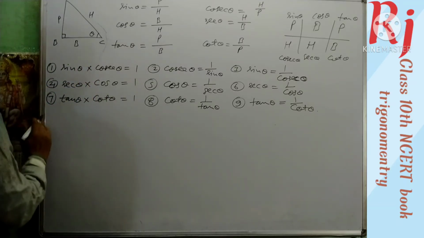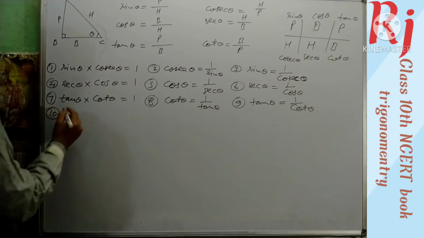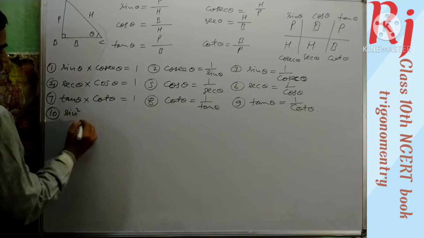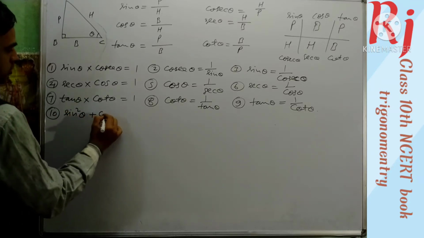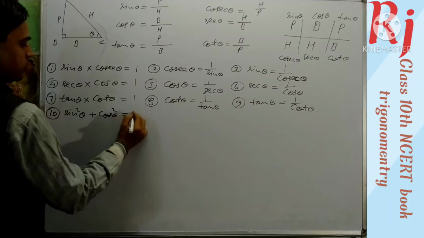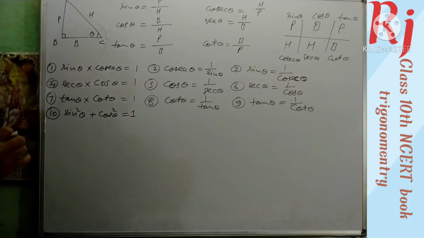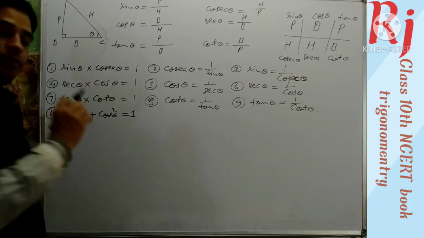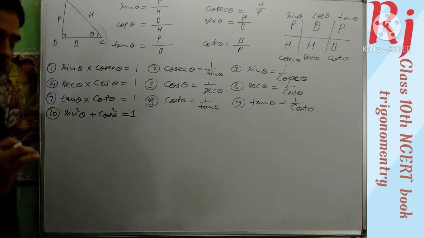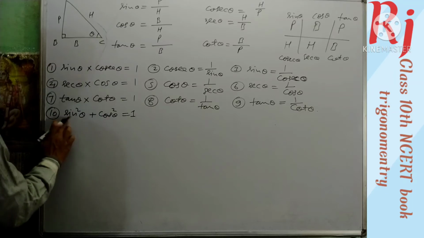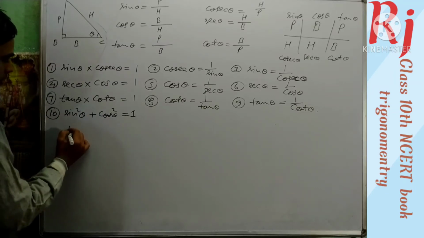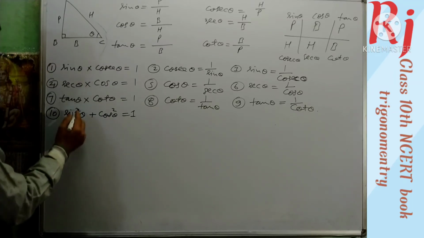Now I am going to write the formula sin square theta plus cos square theta equals 1. I am going to prove this formula in short. Sin theta equals what? Perpendicular upon hypotenuse, and here is a square.